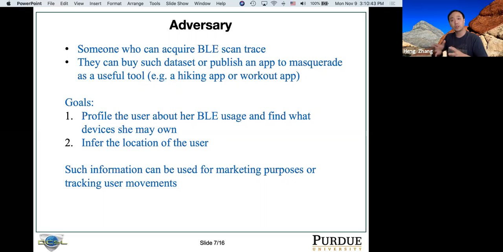The goal for the adversary is to profile the user, given the BLE usage, BLE traces and whatever neighboring devices the user has, and at a more escalated level to infer the location of the user, even though the user may not want to share that information. This information can be used for marketing purposes or for tracking the user's movement as well.